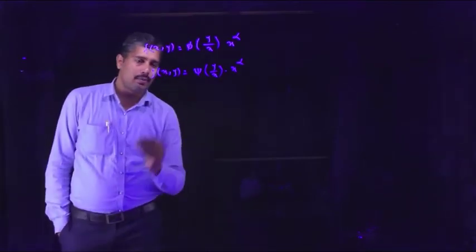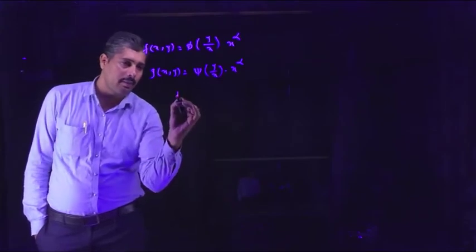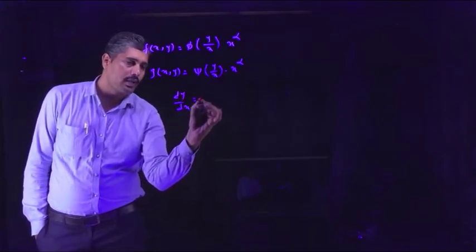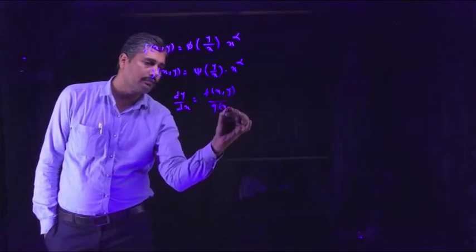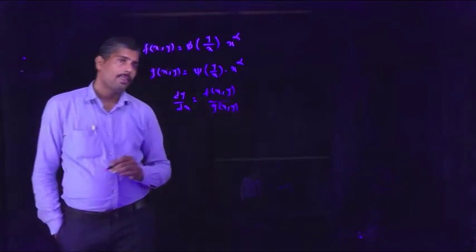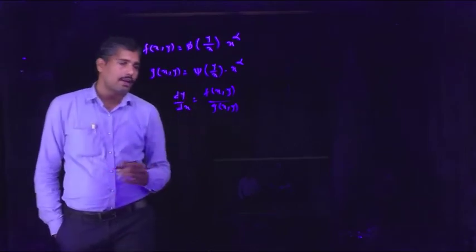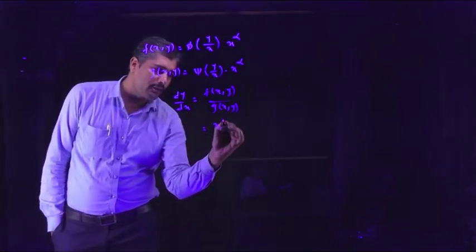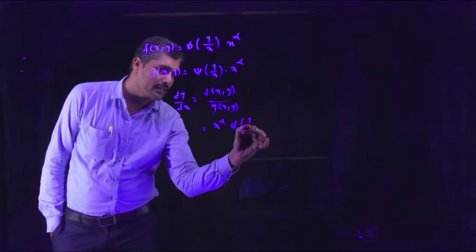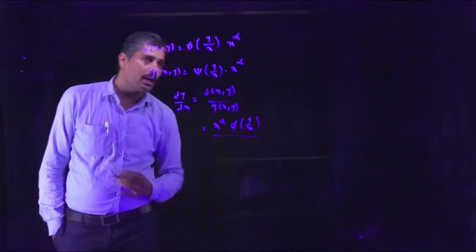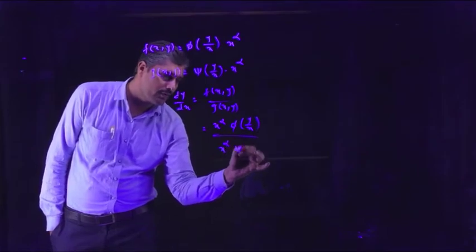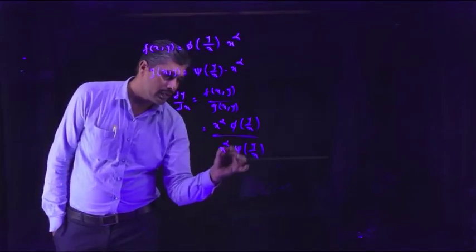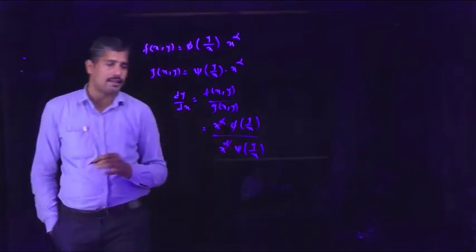Right, what is a homogeneous differential equation? dy/dx = f(x, y)/g(x, y). f(x, y) = x^α φ(y/x), and g(x, y) = x^α ψ(y/x). Here x^α cancels.